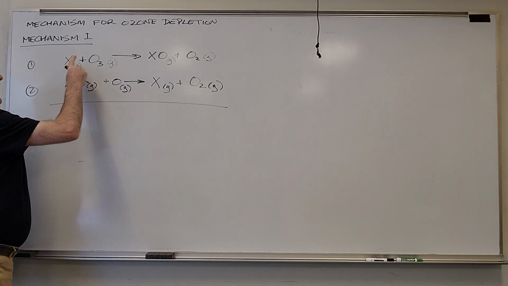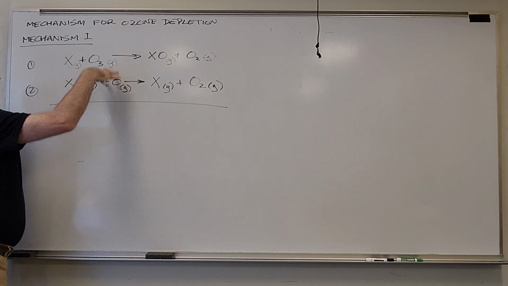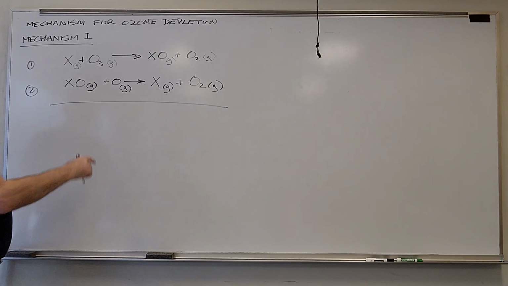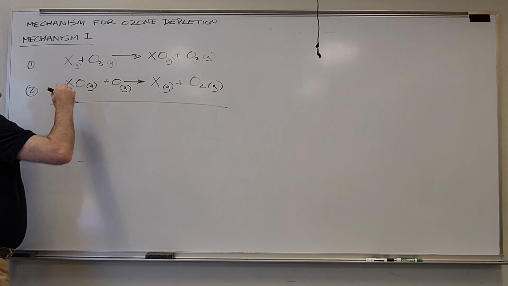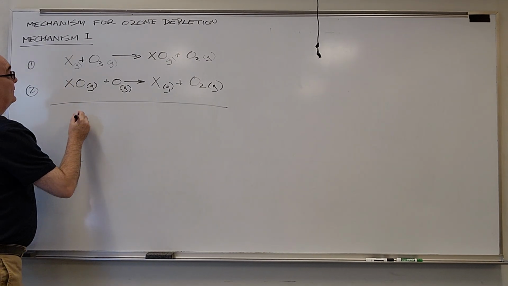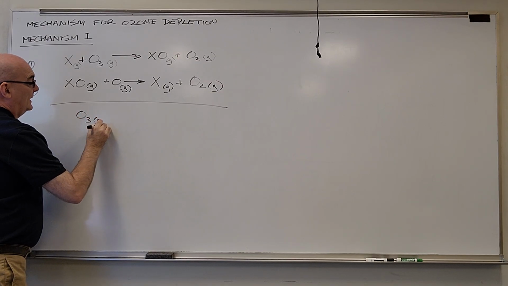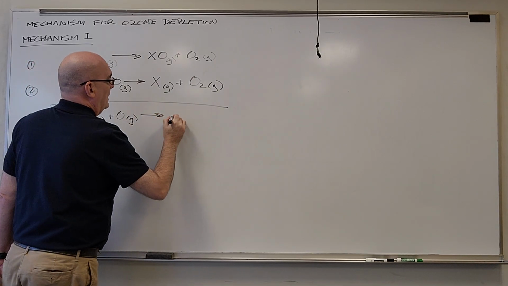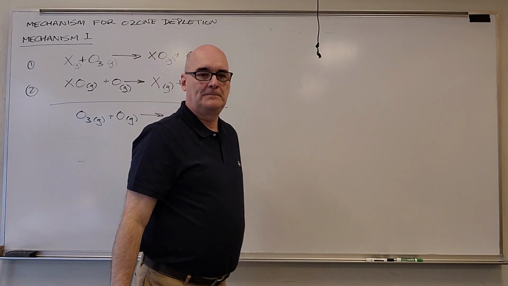But because the X is on both the left-hand side and the right-hand side, when I add these two lines together, it doesn't show up. It's a catalyst. And XO is made in the first step and consumed in the second, so it's a reactive intermediate. It also doesn't show up in the overall reaction. What we have as an overall is that ozone and monatomic oxygen makes 2 molecules of dioxygen.